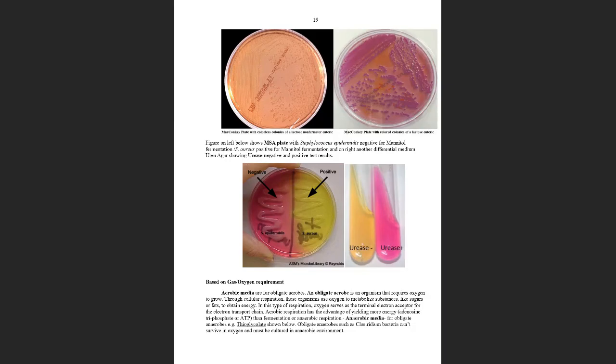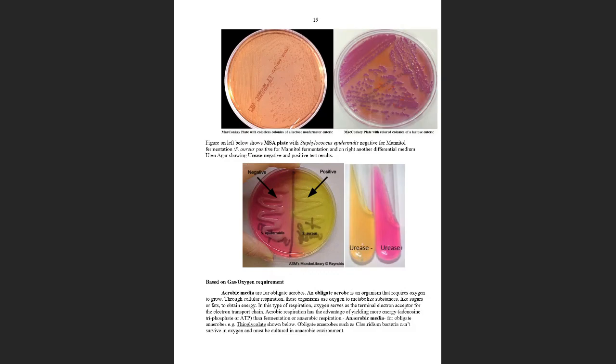For example, if you have an obligate anaerobe, this one I'm circling right now, it means it must not have oxygen present. It can only grow when there is zero oxygen.